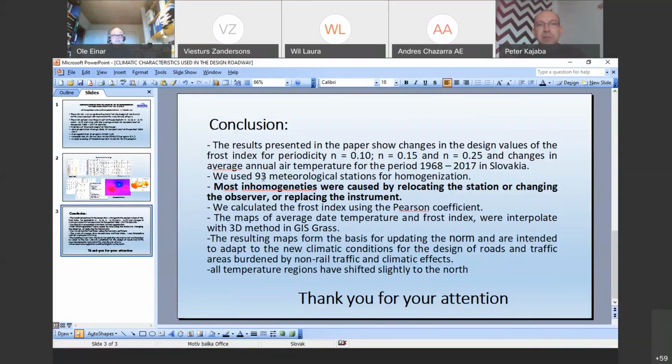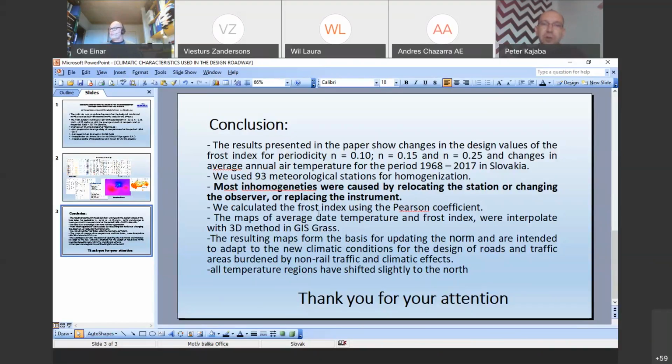We used 93 meteorological stations for homogenization. Most important is that most inhomogeneities were caused by relocating the station, changing the observer, or replacing the instrument.